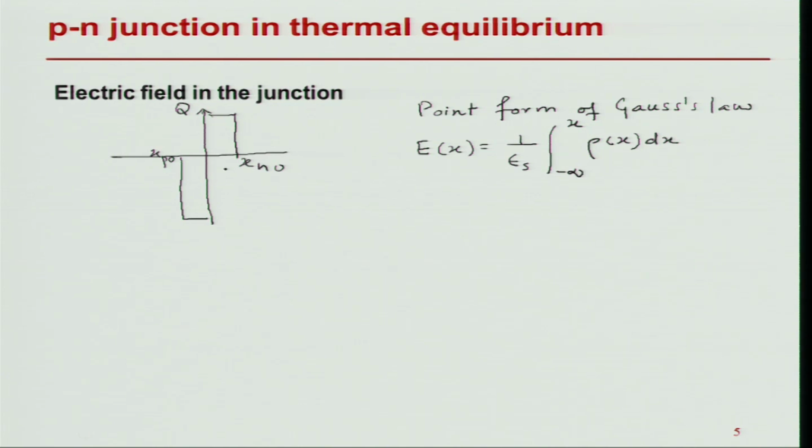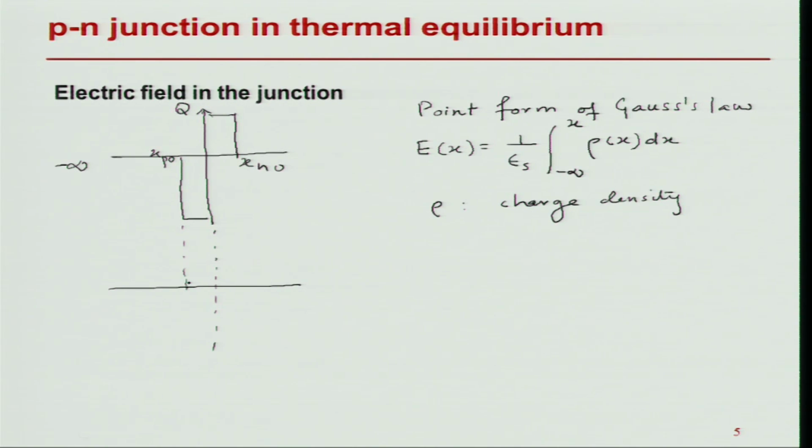The integration of this will give me the field at any point, and rho here is the charge density, given in units of charge per unit volume. Now, if I apply that equation and try to follow what would be the field in this junction area, as I am coming from minus infinity to x, I need to have charge density multiplied by dx. Up to point x p 0, I have absolutely no charge.